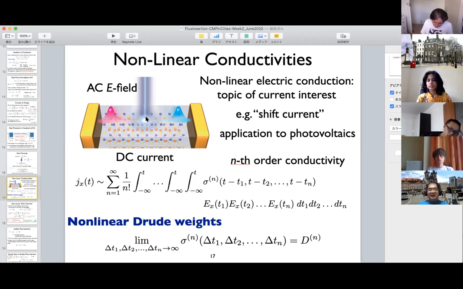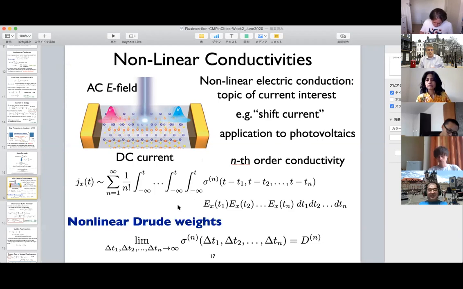Then this means that you can induce DC current by an AC electric field, which is called shift current. This has very practical potential application to photovoltaics and so on. So this is an interesting effect. I am not going to show some result directly relevant to this shift current, but sort of related.